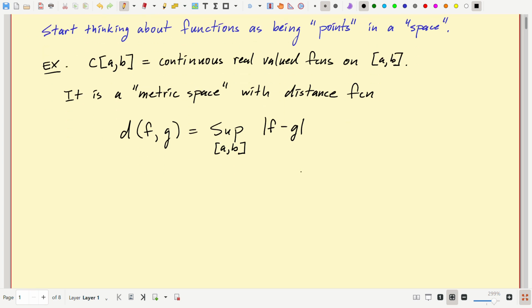So the picture would be, let's say I put a here and b here, and I want two functions that are close together. Well, if f looks like this, and I want to think of a function g that's within epsilon, then I would take that curve plus epsilon and that curve minus epsilon.